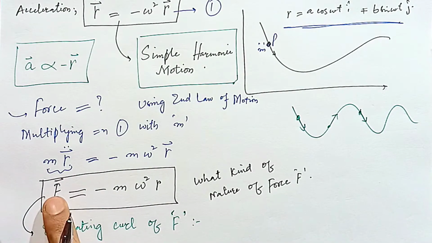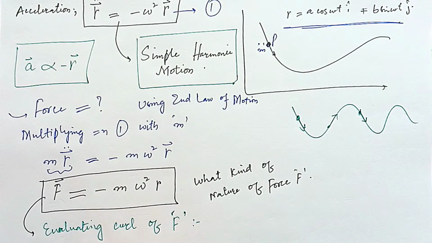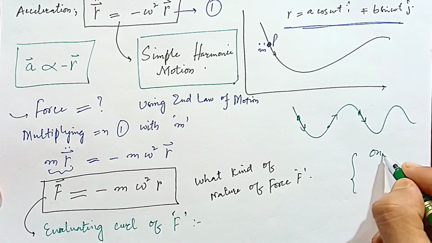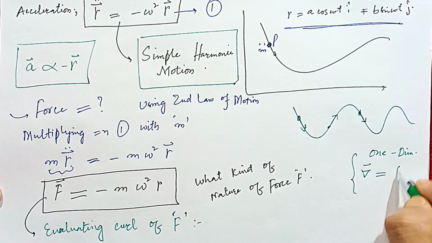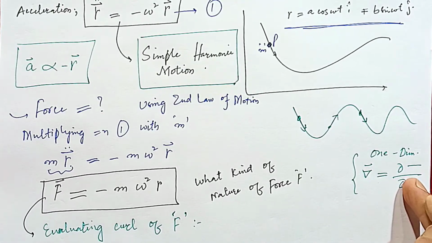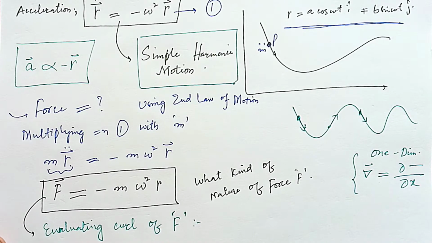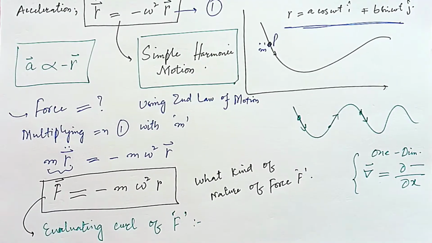So curl upon this, what does curl represent? It is del cross F, and del means, in one-dimensional motion, d something by dx, that is the differentiation of that very quantity with respect to x. In two dimensions it is d something by dx plus d something by dy, differentiating with respect to x and then again with respect to y.